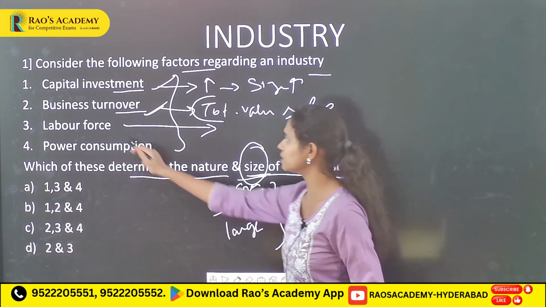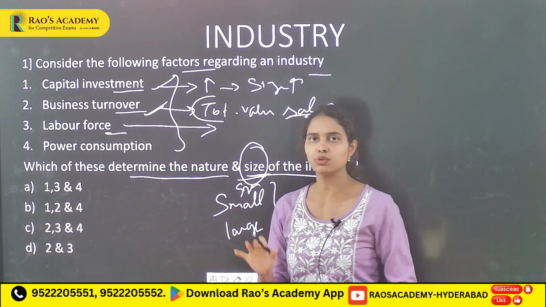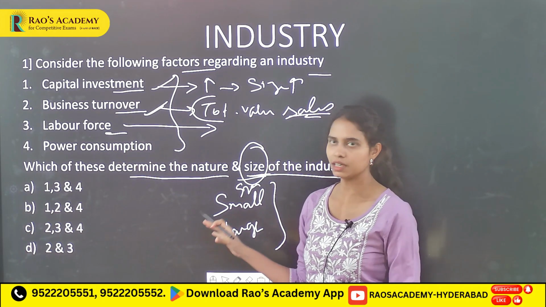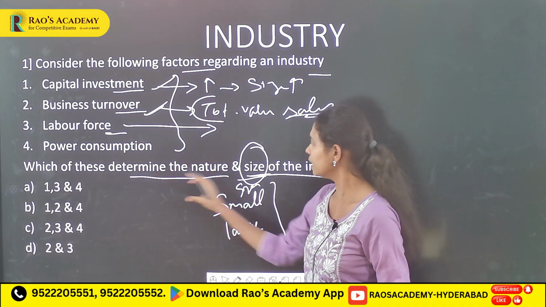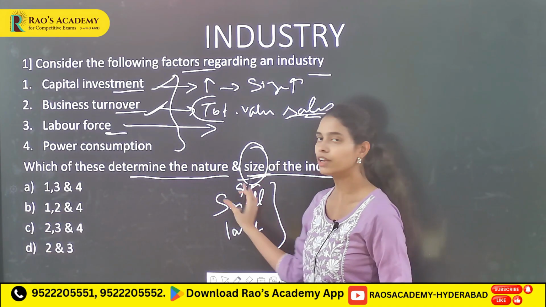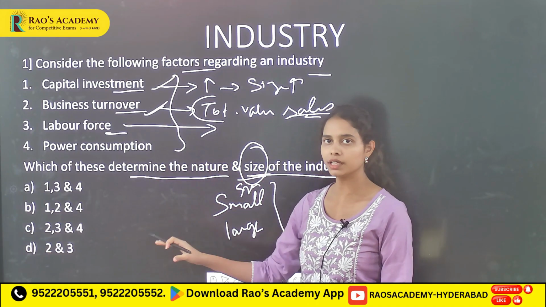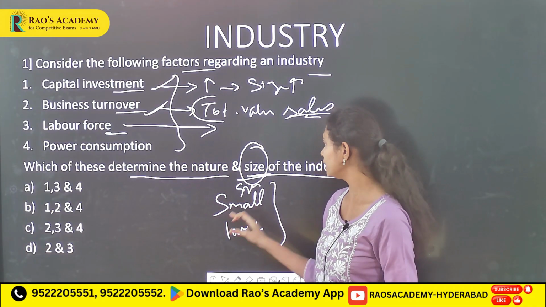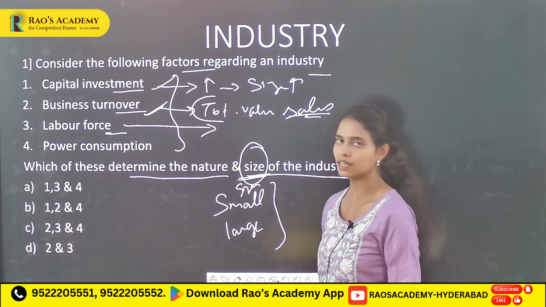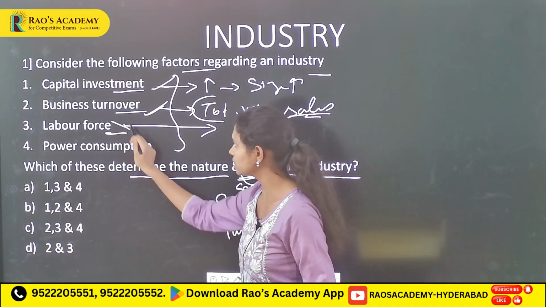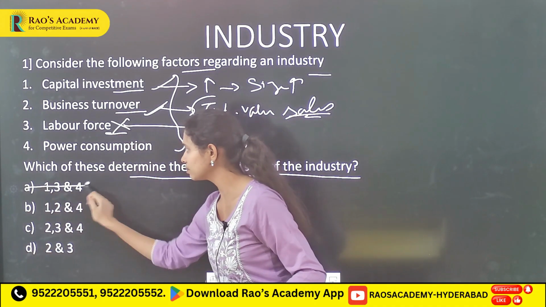Here the term labor force refers to the total number of workers present in a particular industry. So the size of the industry will determine the labor force, but the labor force will not determine the size of the industry. So in that context the third one is an incorrect one.